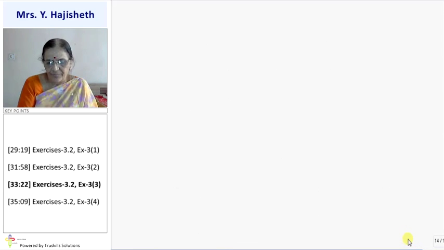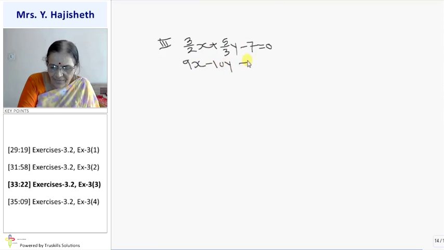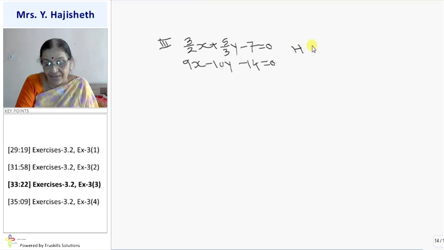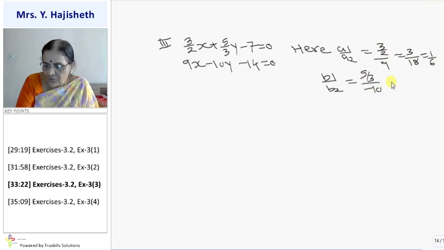Now third sum, you are given 3 by 2 x plus 5 by 3 y minus 7 is 0 and 9x minus 10y minus 14 is 0. You are asked to check whether they are consistent or not by taking the ratio. Here A1 by A2 is 3 by 2 upon 9, so it is 3 by 18, so it is 1 by 6. B1 by B2 is 5 by 3 upon minus 10, so it is minus 5 by 30, so it is minus 1 by 6.